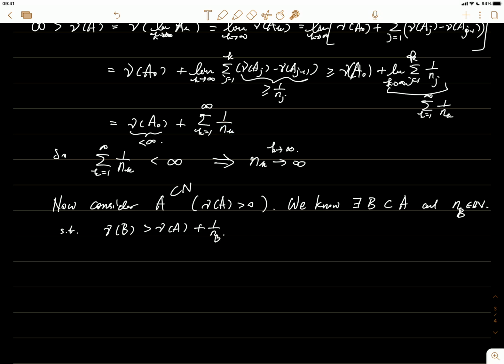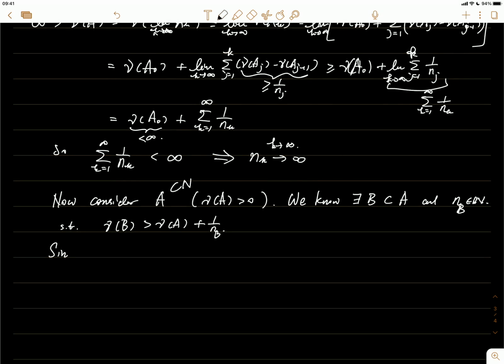So I know that for some k, nk will be bigger than this nB. Right? So since nk goes to positive infinity, there exists k such that nk will be bigger than nB.